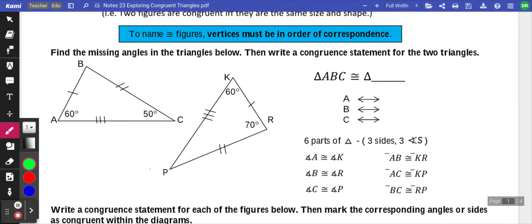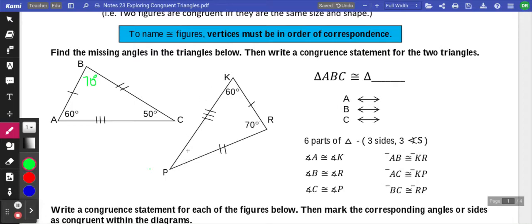And so with angles in a triangle, we know that the sum is 180. And if we find these missing angles, which we should always do for good practice here, we see that 60 and 50 is 110. So this missing angle at B must be 70. And angle P in the second triangle, 60 plus 70 is 130.